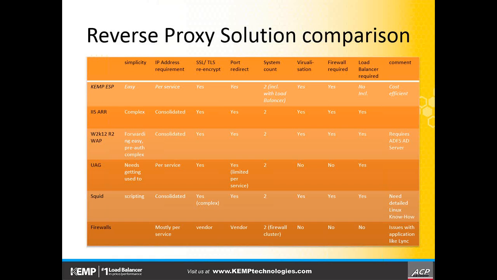Then let's go through the Windows Server 2012 R2 Web Application Proxy. I think it's one of the most interesting features which Microsoft at the moment offers. The forwarding is really, really easy to deploy.